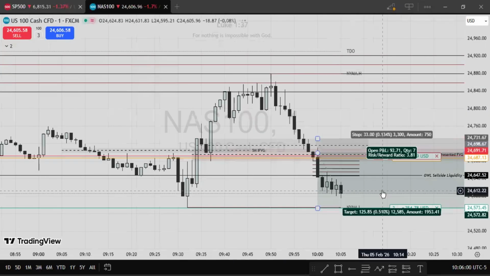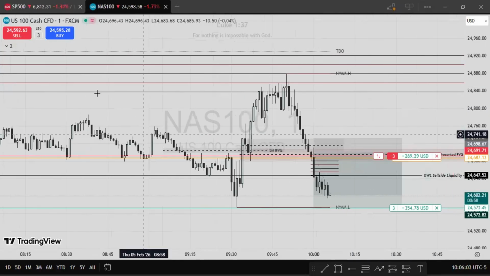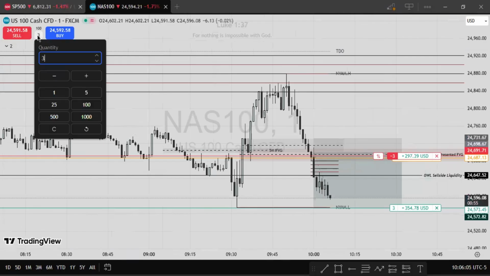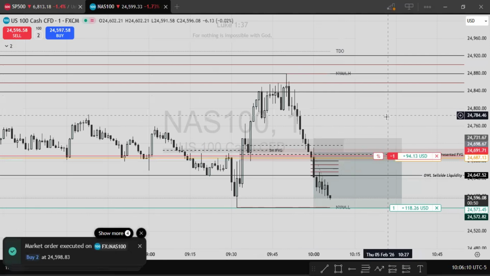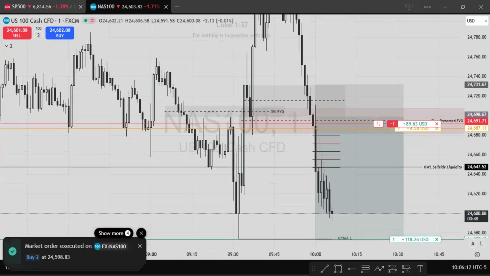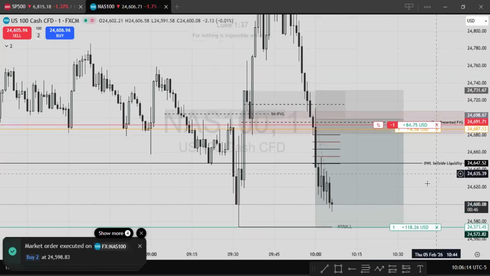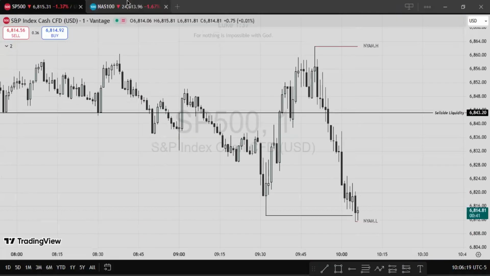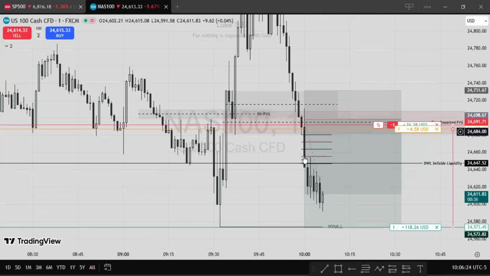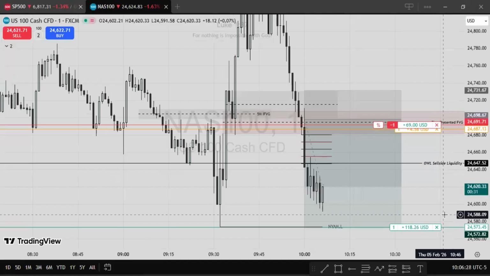So what I'll do is I'll take partials. The ES took the low, so I'm just gonna take partials, leave this last one, and then we break even. We don't care about this one. Most of our positions are booked.